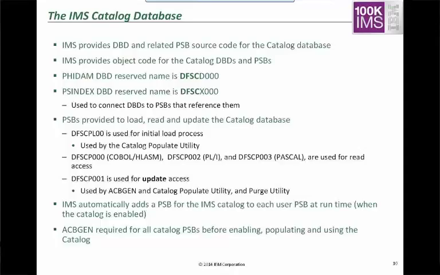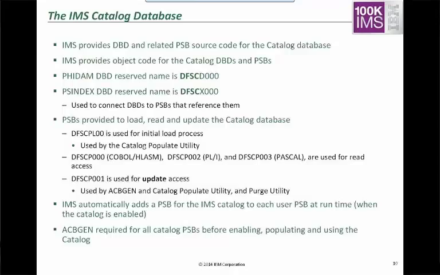DFSCP001 is a PSB that's used for update access, and that's used by the ACB Gen and the Catalog Populate utility, which is a brand new utility, and I'll talk about that. And there's a purge utility that can be used to remove entries in the catalog, and I'll talk about that, but this PSB is used by the purge utility also.